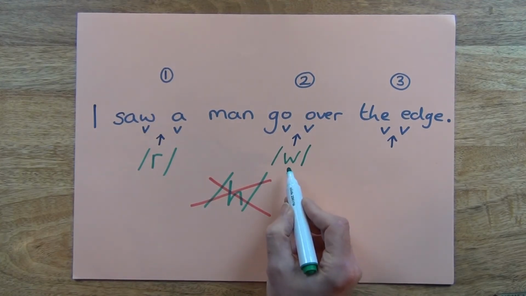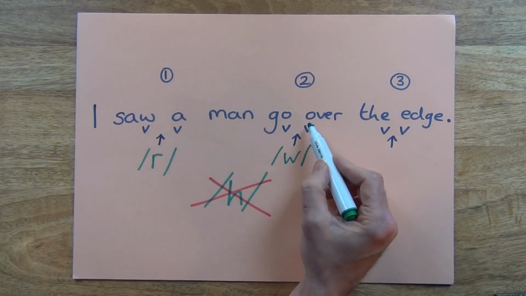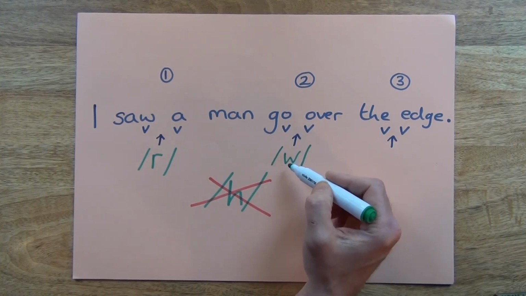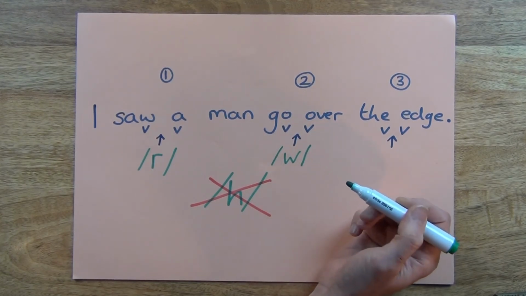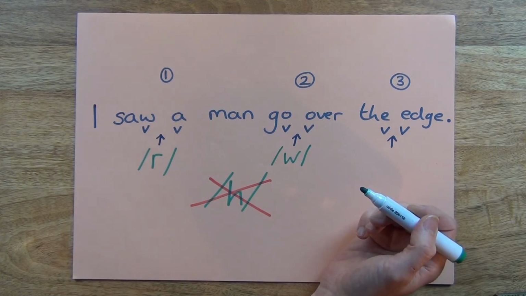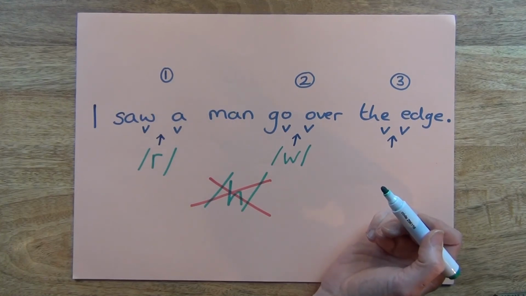Listen again. Go over. Now the verb go is often followed by words that start with a vowel, so it's quite important to get this right. Because in English we like to use verb patterns, for example, go in, go out, go on, go off, go under, go over, go across, go along, and my favourite, go away.